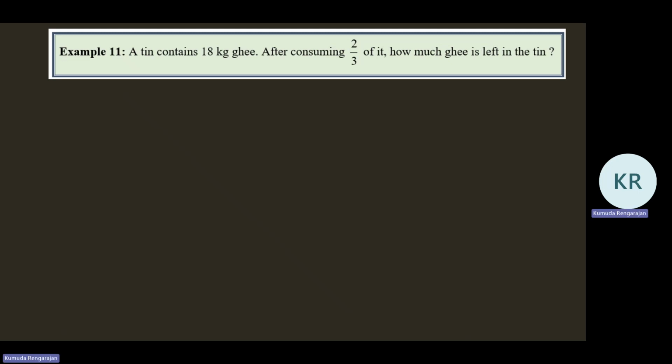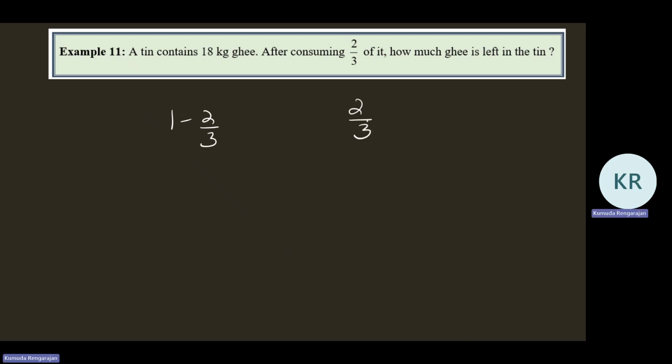So now tell me, if two-thirds is consumed, then how much is not consumed? Okay, 1/3. Why? Because 1 minus 2 by 3.